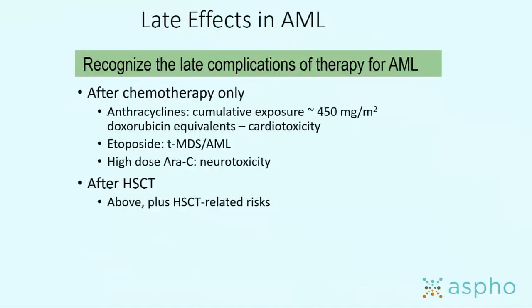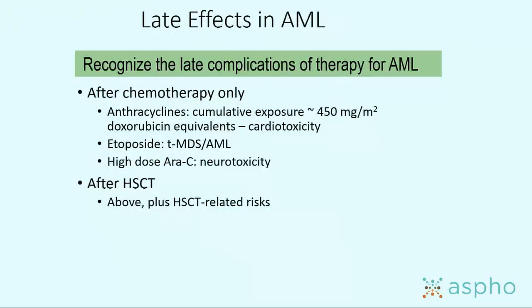Okay, late effects in AML. So if the patient has received chemotherapy only, the major late effects are driven by the chemotherapy that they received, like anthracyclines. We know that cumulative exposure of around 450 mg per meter squared of doxorubicin equivalents is associated with an increased risk of cardiotoxicity, and many patients will get that.